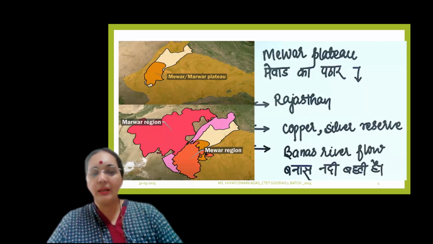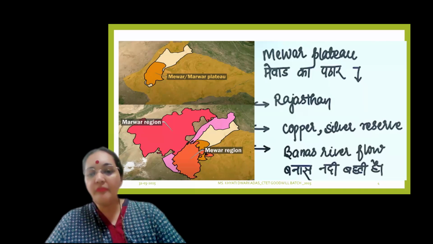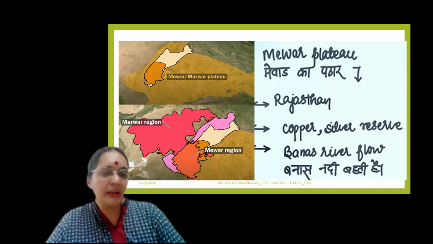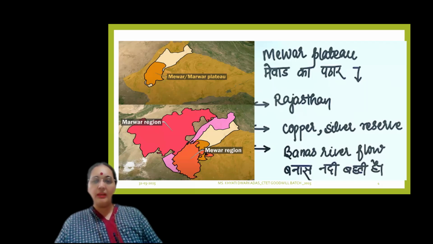Behind that, you have the Marwar Plateau. And over there, you can see that this plateau is near the river Banas, which flows through Rajasthan. And it is very, very famous for reserves of copper and silver in our country.